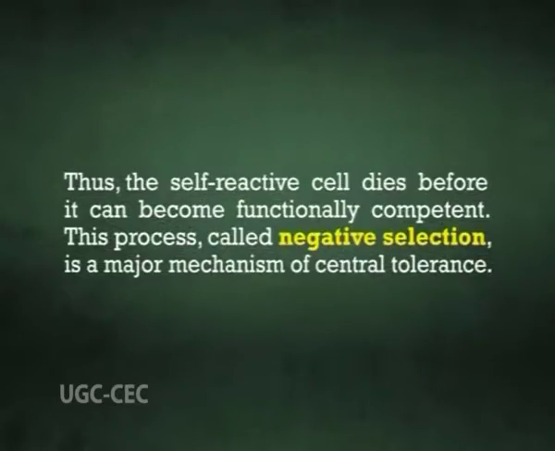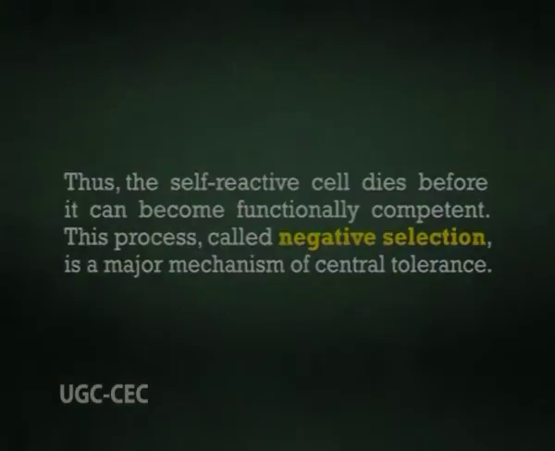Thus, the self-reactive cell dies before it can become functionally competent. This process, called negative selection, is a major mechanism of central tolerance. The process of negative selection affects self-reactive CD4+ T cells and CD8+ T cells, which recognize self-peptides displayed by class II MHC and class I MHC molecules, respectively.